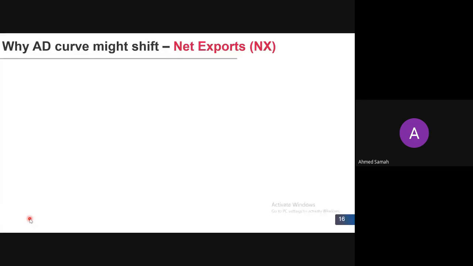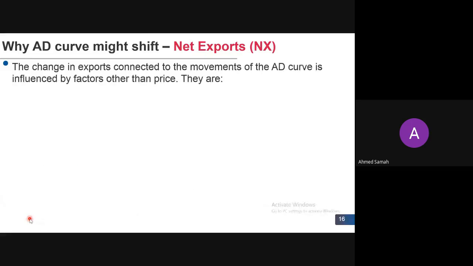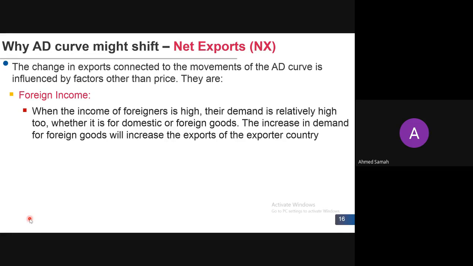Then the fourth category is net exports. The changes in exports connected to the movement of the aggregate demand curve are influenced by factors other than price. So those are through foreign income. When the income of foreigners is high, their demand is relatively high too, whether it is for domestic goods or foreign goods.